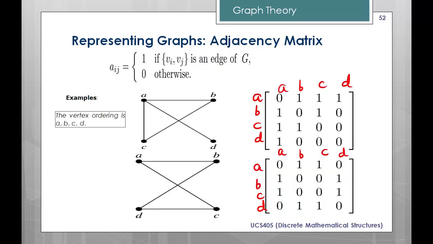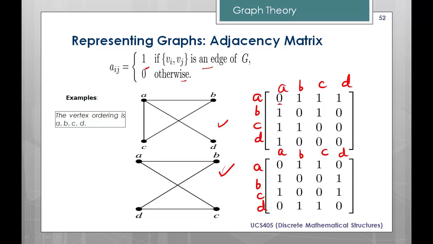Next, representing graphs with an adjacency matrix. In this case, we write the value 1 if there is an edge between two nodes. Otherwise we write 0. See the example with vertices A, B, C, D. A to A, there is no edge, so we write 0.